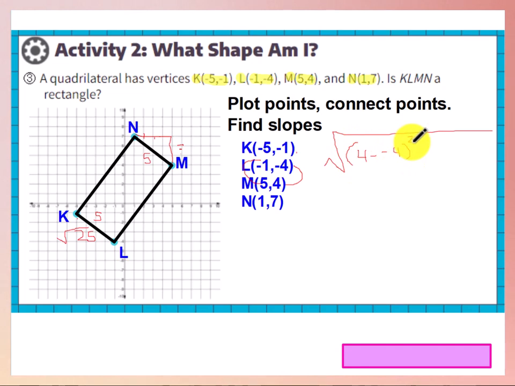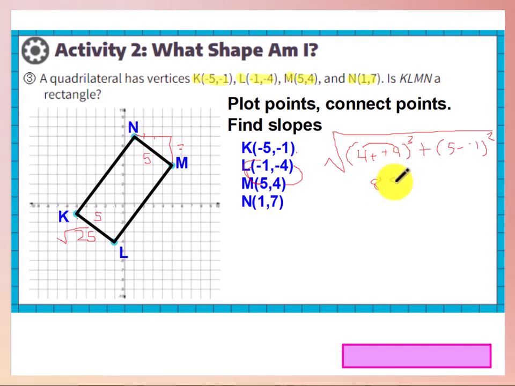We're going to add that to 5 minus negative 1, and then we're going to square that, and we're going to take the square root of all of that. 2 negatives together make a positive. 4 plus 4 is 8, and we're going to square that, remember?